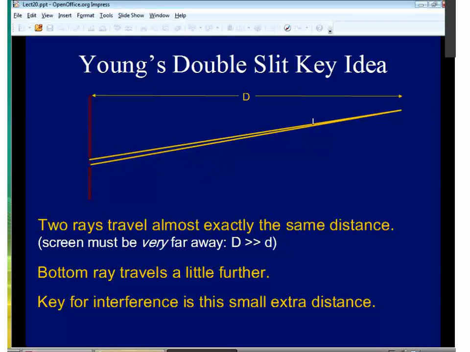The difference in distance traveled by these two rays is of the order of 500 nanometers. And when I say 500 nanometers, I am talking of the visible region. For ultraviolet, you can't see bright and dark. That does not mean that in ultraviolet you can't get interference. You won't be able to see it, that's it.